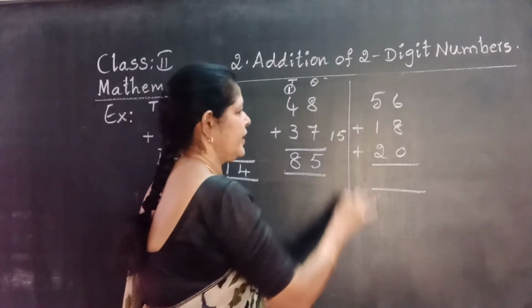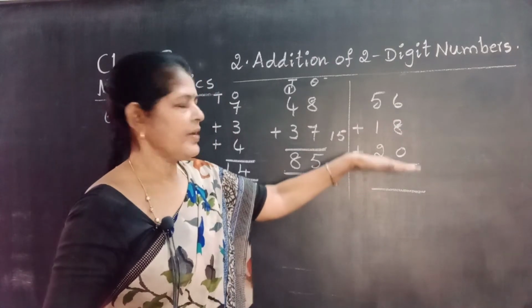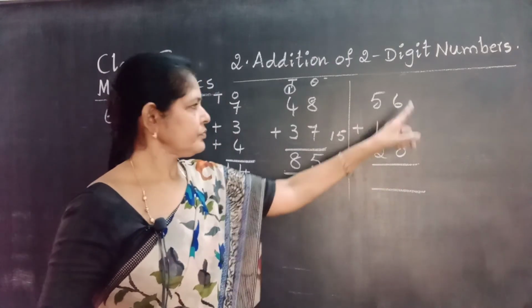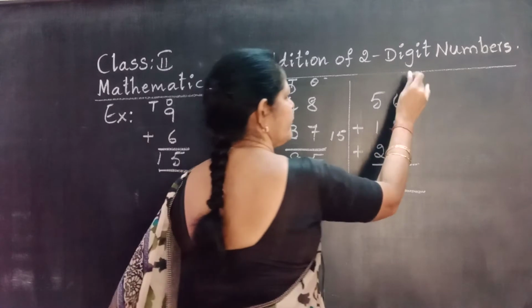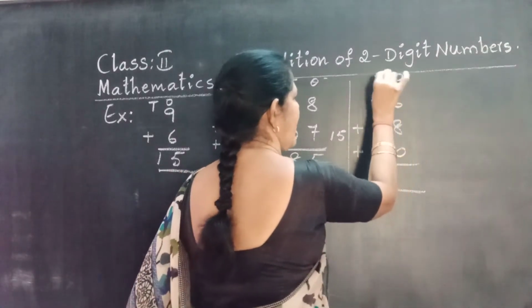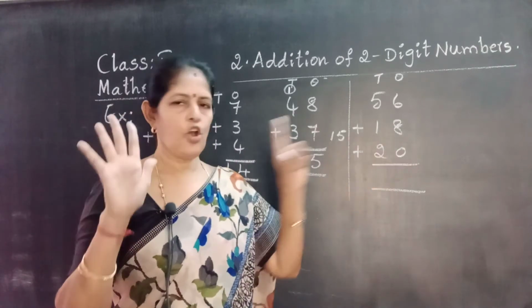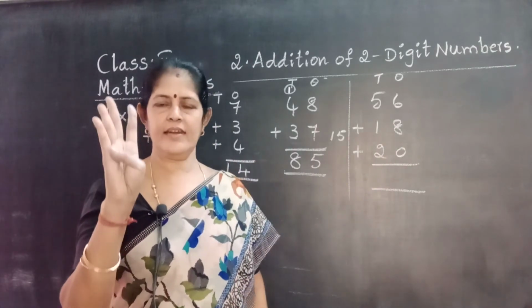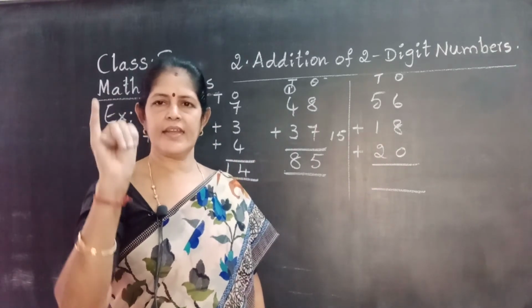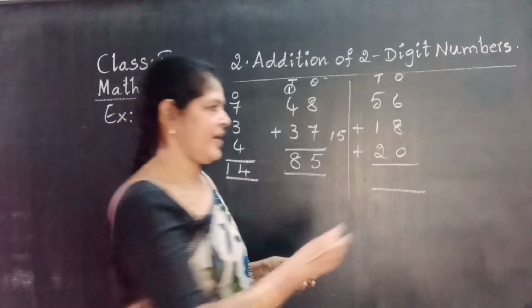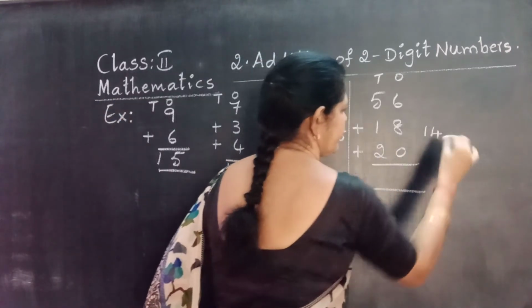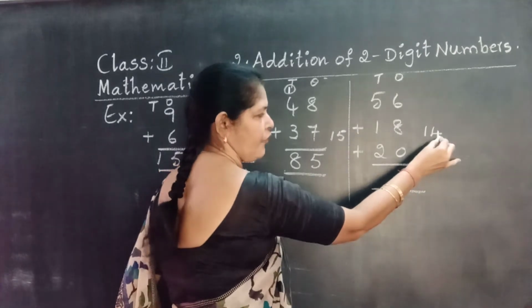Now come to this. 2-digit numbers, 3 lines. Start from the ones place. First adding ones. Take 6 fingers, 8 after: 9, 10, 11, 12, 13, 14. 2-digit number. On the right side, 1 ten, 4 ones.